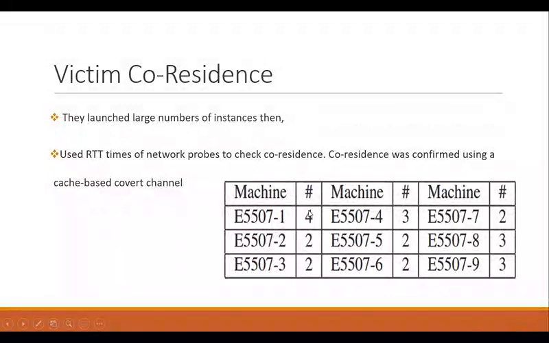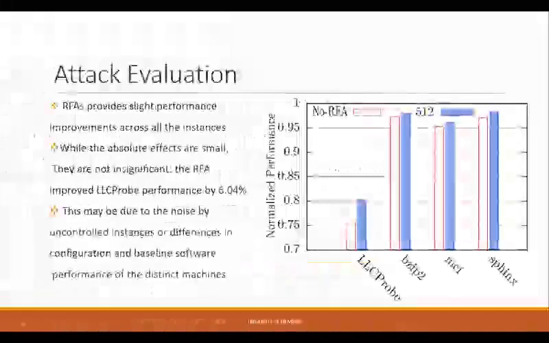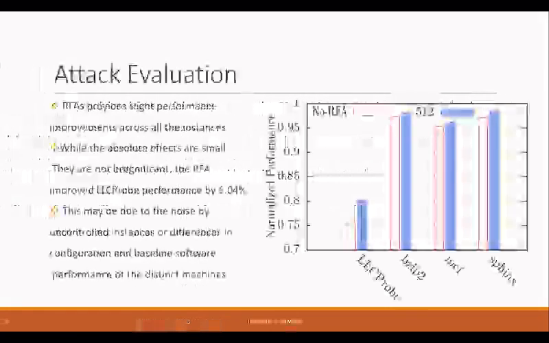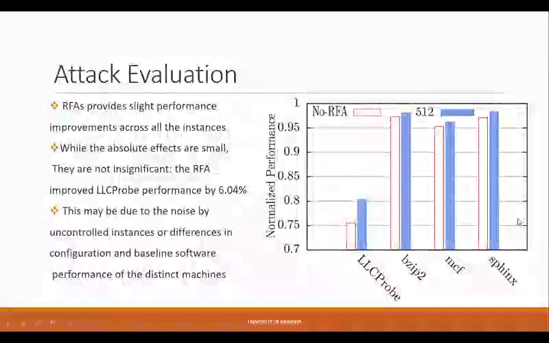And they run the helper on another physical machine. And then they calculated also the normalized performance using T dash over T. And T, as we said, represents the baseline where there's no request rate at all. And T dash represents the specific request rate, for example, 2000 or 3000.